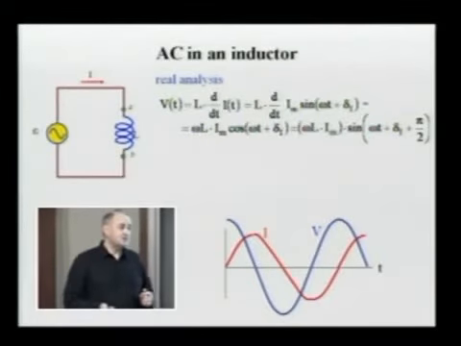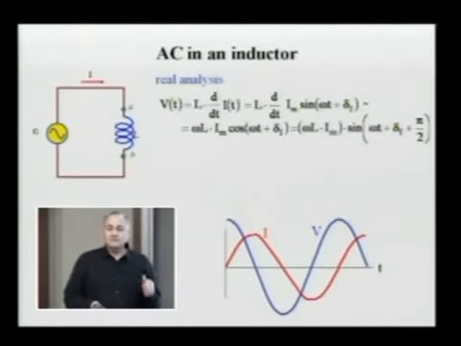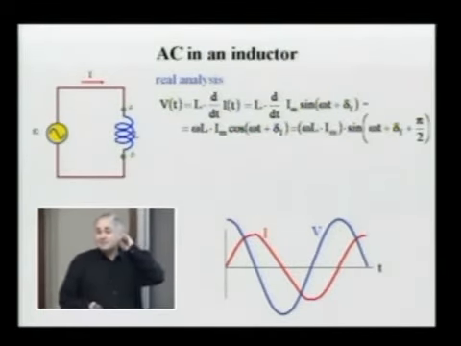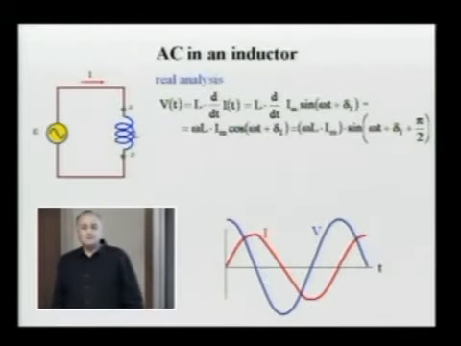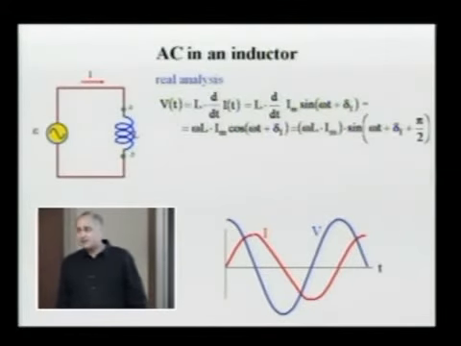Note actually a major difference between impedance of an inductor and impedance of a resistor. Impedance of a resistor was the same at all frequencies. Impedance of an inductor varies.